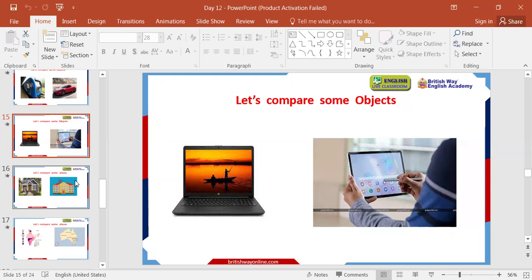Laptops connect more devices than tablets. Laptops are heavier than tablets. Tablets boot up faster than laptops. Tablets have longer battery life compared to laptops.